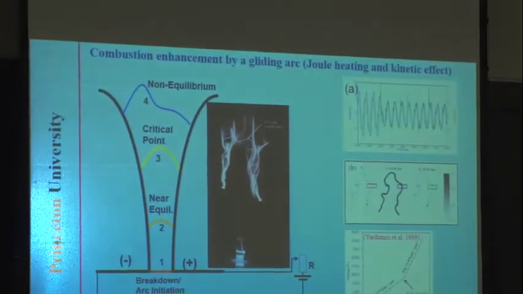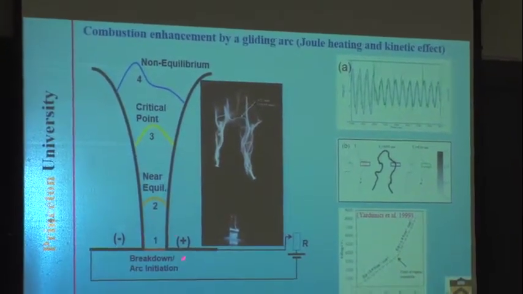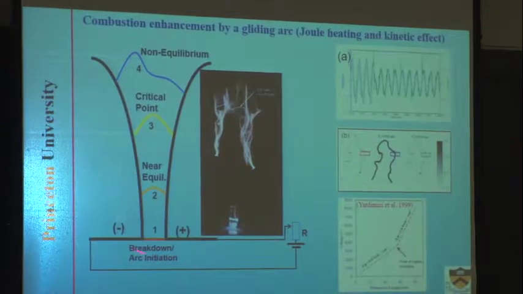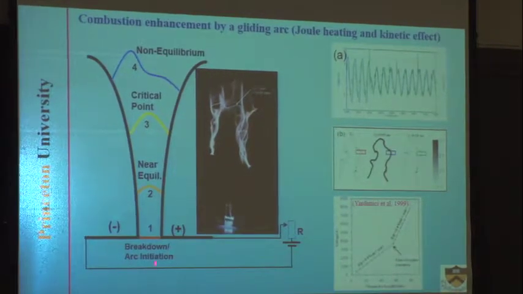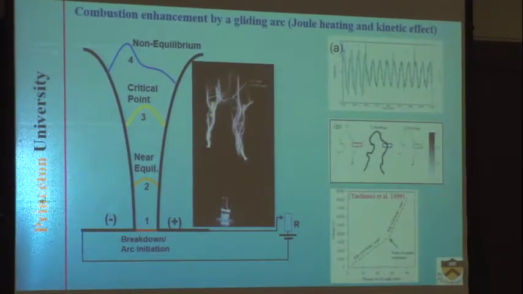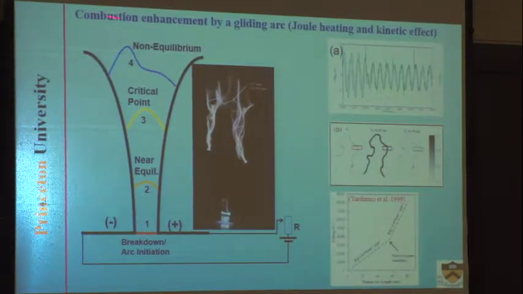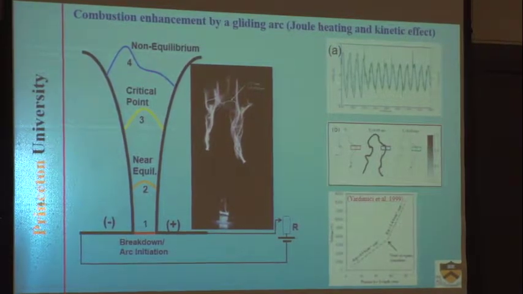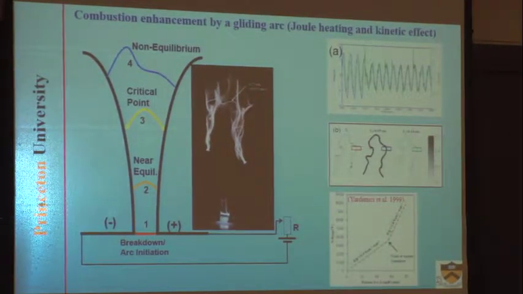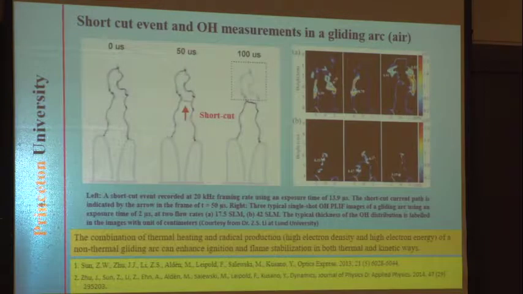The gliding arc is one of the things we talked about yesterday: I have a stable arc, and I put a natural convection flow, and I see this gliding arc. This gliding arc has higher electron energy and can do enhancement. I showed you yesterday about the mode. So they basically see a lot of chemistry effect, generating OH by enhancing the electric field.